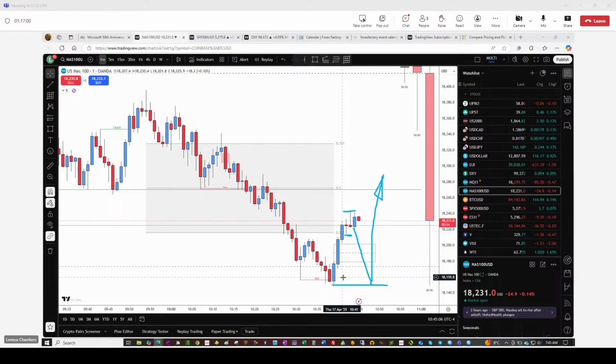I'm looking for more of a push upward on this thing. On the futures, you would have your fractal if this current candle doesn't eclipse it.